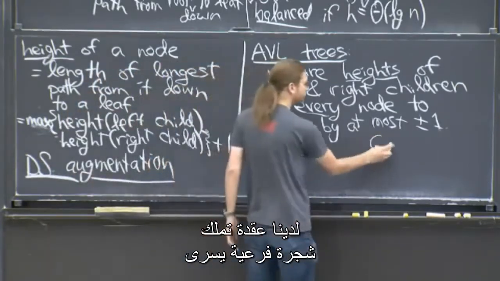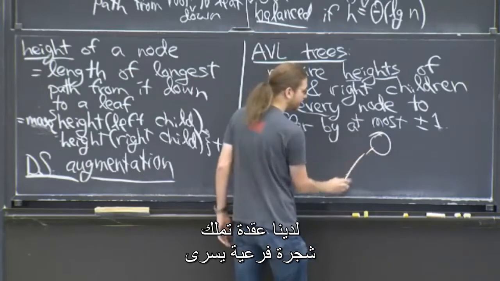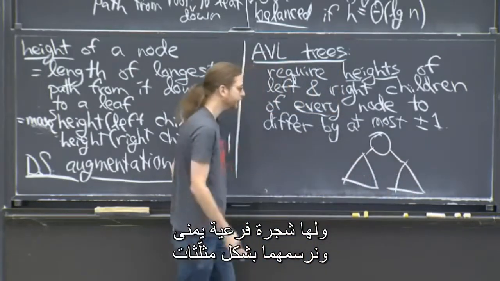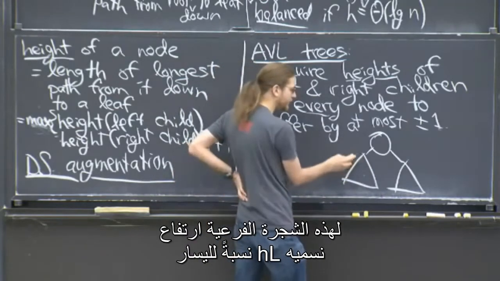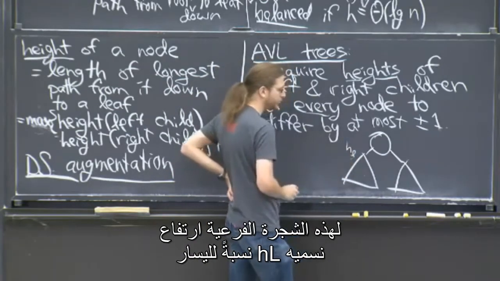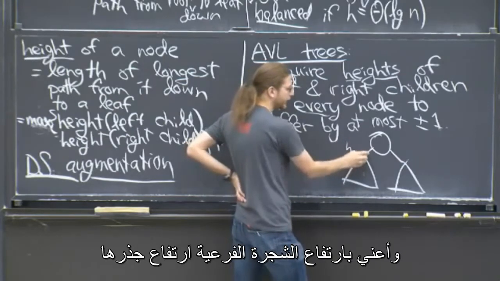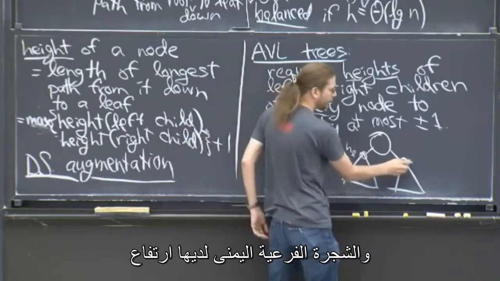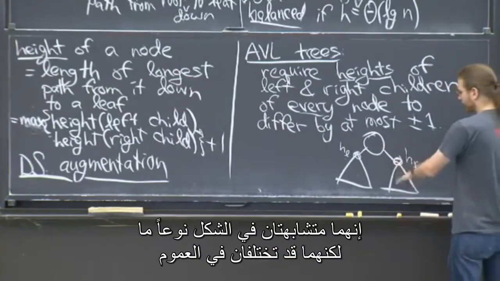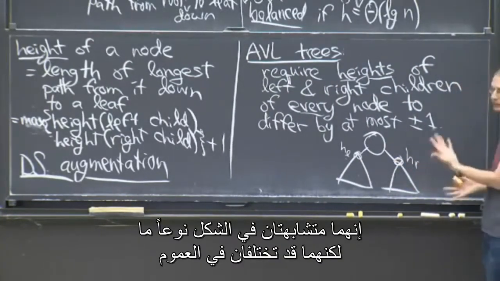So if we have a node, it has a left subtree and a right subtree, which we traditionally draw as triangles. This subtree has a height, call it H_L for left. By the height of the subtree, I mean the height of its root. And the right subtree has some height, H_R. I've drawn them as kind of the same, but in general, they might be different.